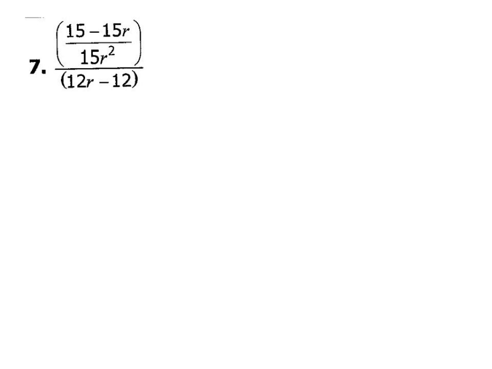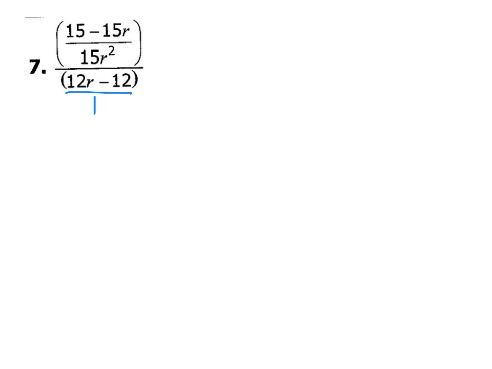All right, number 7. If you see a problem that looks like this, with a fraction in our numerator and just a binomial expression in our denominator, this is considered a complex fraction as well. The 12r minus 12 can be written as 12r minus 12 over 1, and then we treat it like a complex fraction.